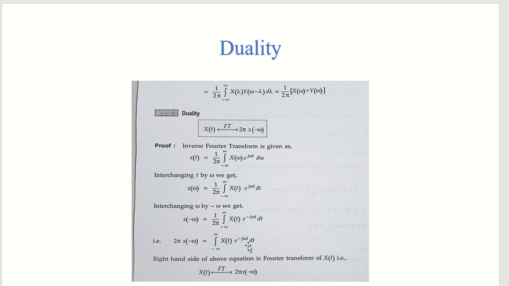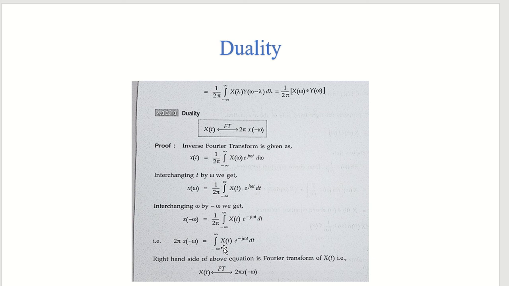This is the formula for the Fourier transform of x of t, which is x of omega.